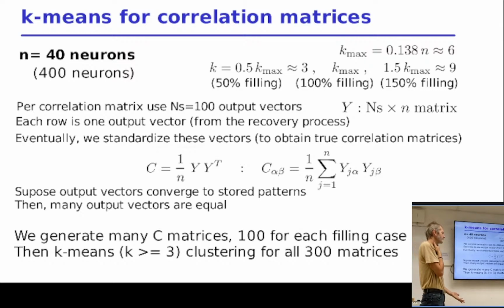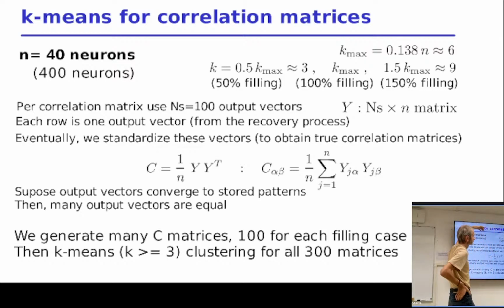Now to try if this is really true, we generate in that way many correlation matrices, 100 for each of those cases. So for the case where you have 50% filling, 100% filling, and 150% filling.